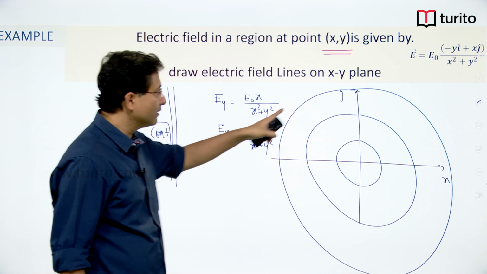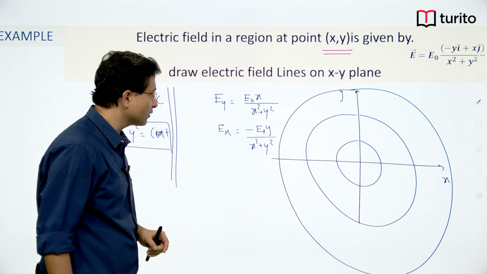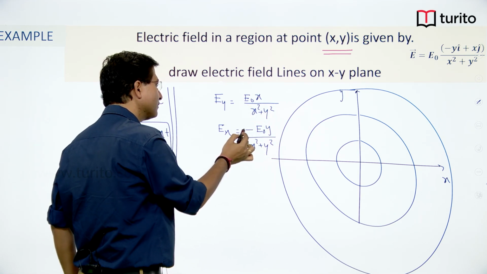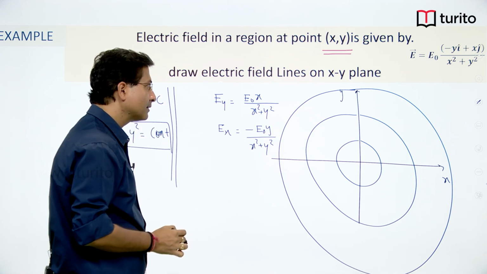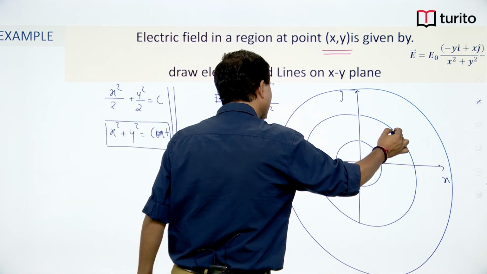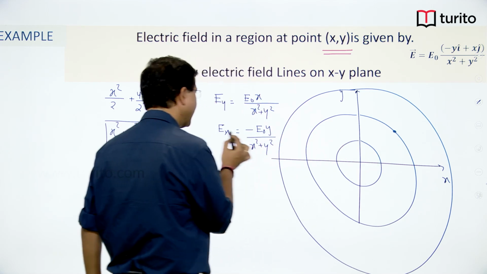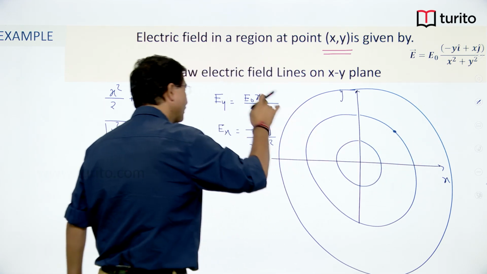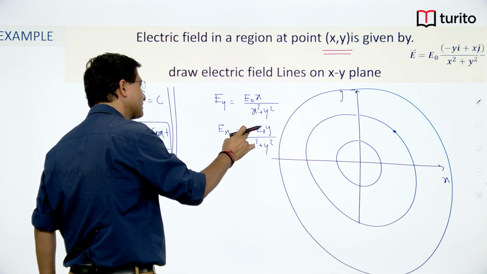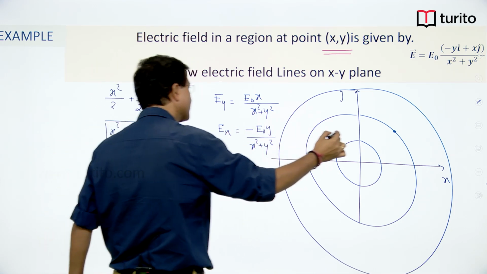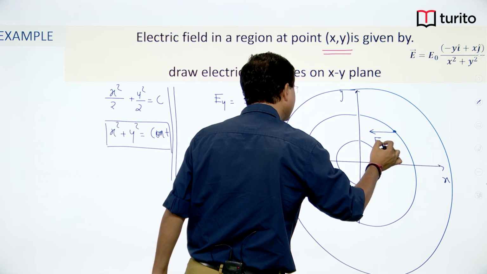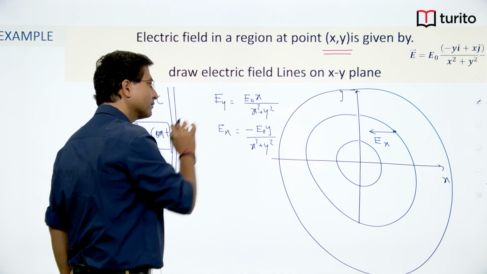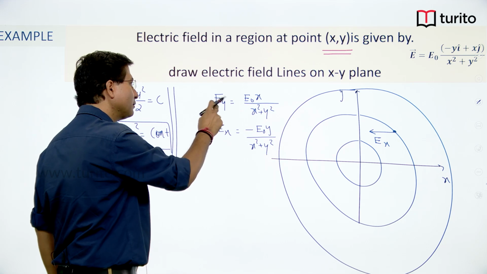In the first quadrant, x and y both will be positive. So this quantity is positive, but with the minus sign the x component will be negative. That means at this particular point, the direction of the x component will be reversed. Now look at the y component: x is positive, so this whole quantity will be positive.